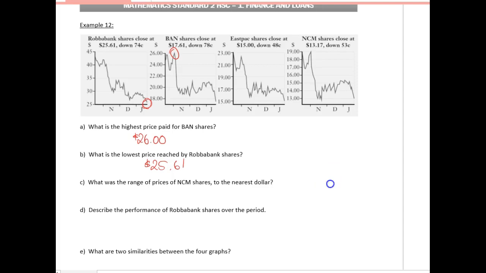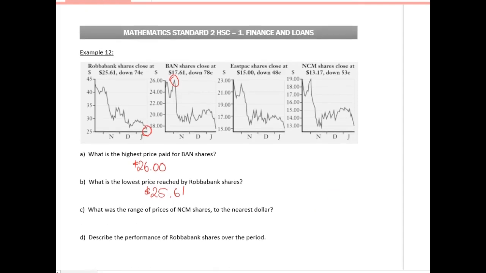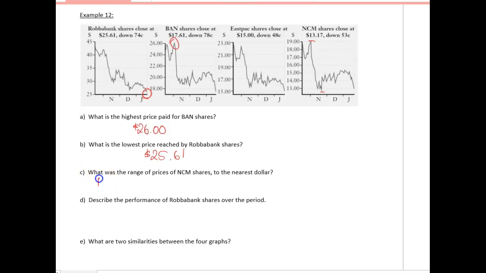What was the range of prices of NCM to the nearest dollar? Well, I reckon NCM has a low of about $12.50 and a high of about 19. I think that's my range. So 19 minus 12.50 equals $6.50. Oh, geez, what's it going to be closer to? It says to the nearest dollar.